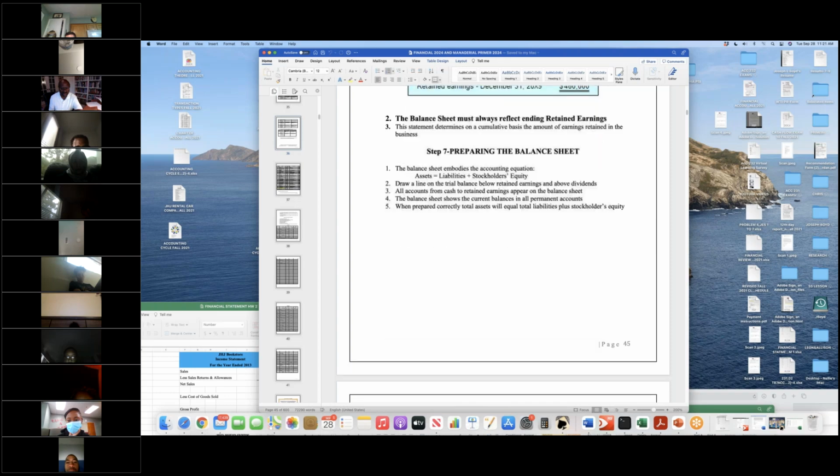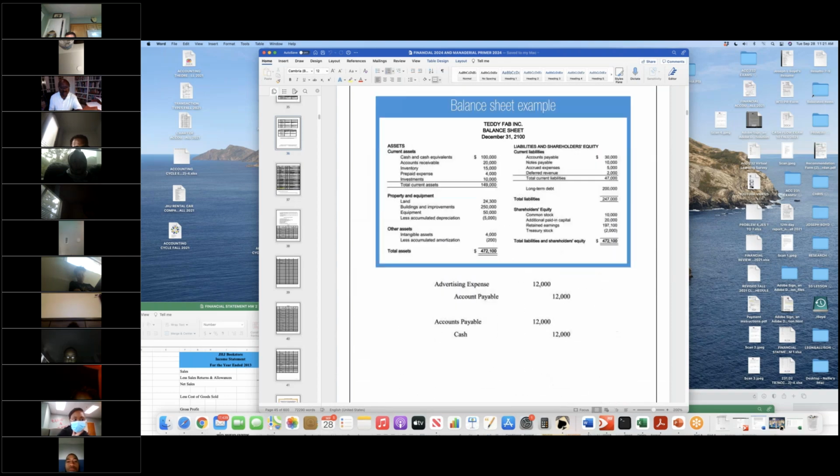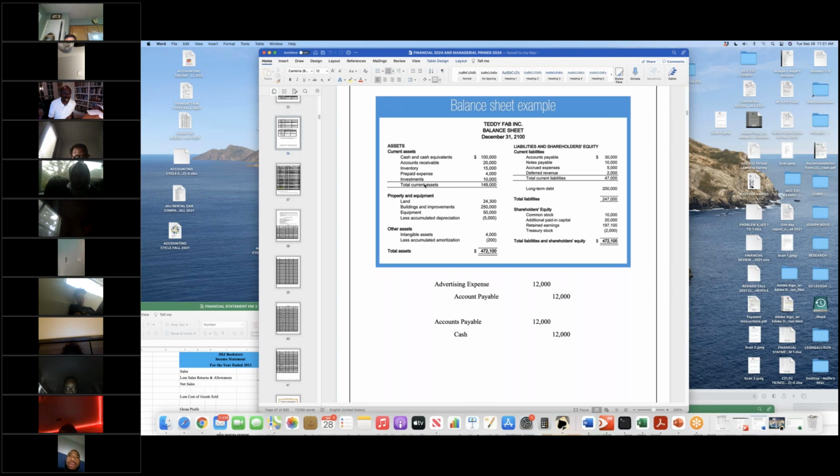Then we prepared a balance sheet. A balance sheet reflects the accounting equation, assets equal liabilities plus stockholders' equity. On the left or at the top are the assets: current assets, long-term assets, total assets.